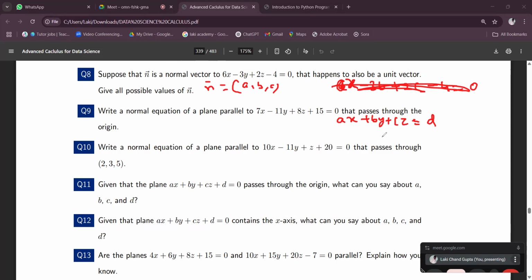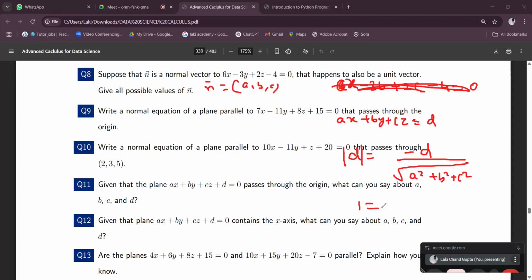Distance is 1. And when you put x, y, z as 0, you will get minus d only, right? And this is A square, right?